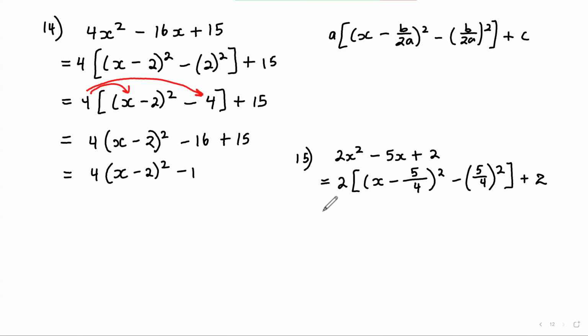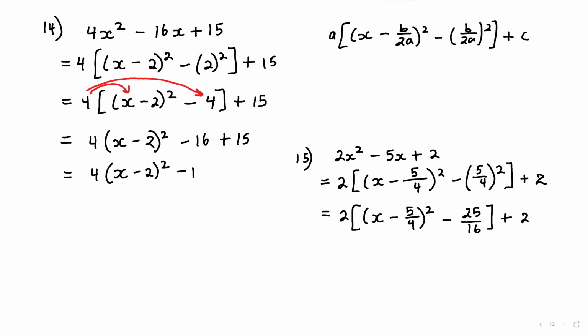Right. And now we're going to square that 5 over 4. So we keep everything else, it's just going to remain the same. So 2 by x minus 5 over 4 squared. Okay, what is 5 over 4 squared? Minus 25 over 16. That's right, plus 2. Perfect.